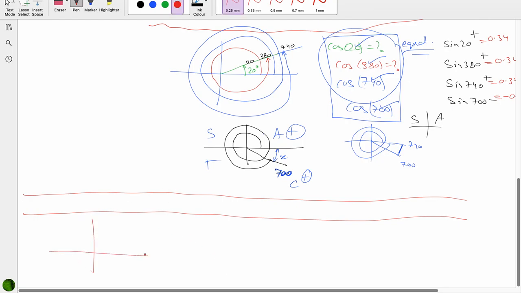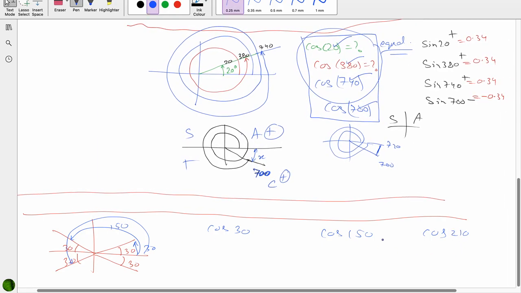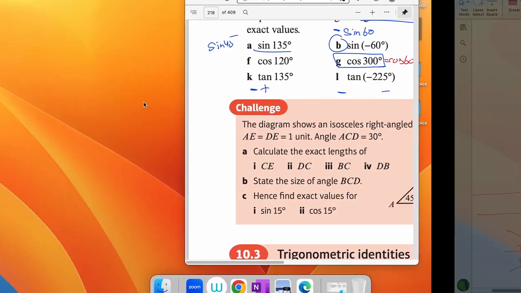So if I say we have a basic angle of 30 in all four quadrants, so if you had these angles, the first one is 30, the second one is 150, so cos of 30, or you have cos of 150, or you have cos of, the third one is 210, and the fourth one is, let me open this again, it's getting stuck.